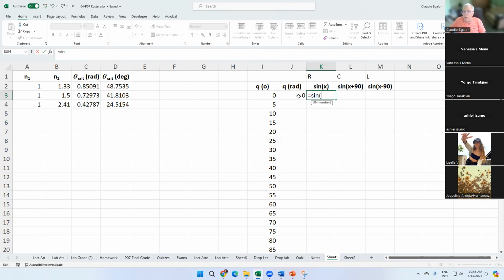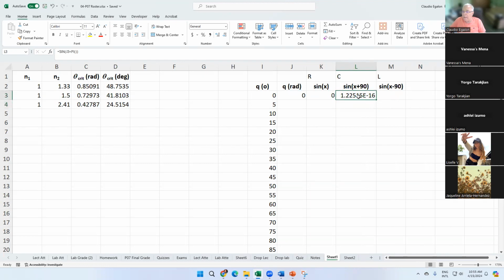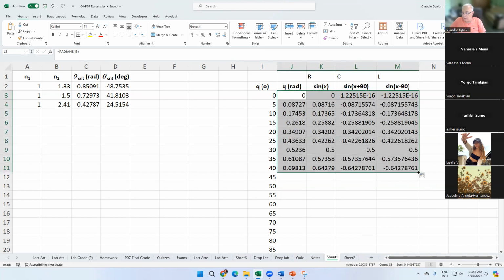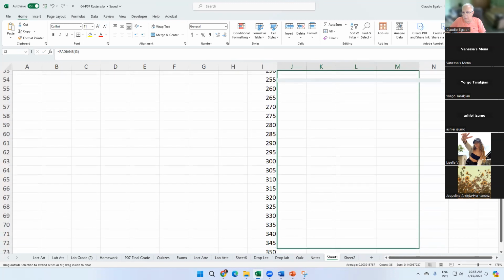I just want you to visualize the relationship, the relative graph of each one, plus 5 and minus. Okay, and now here are the graphs.